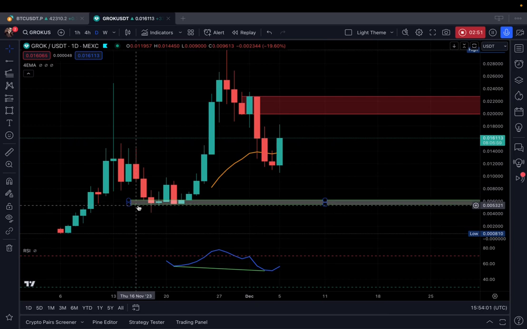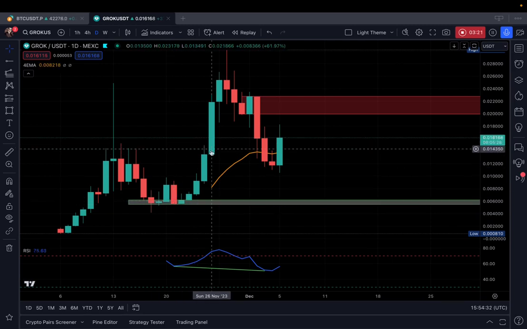And we can see very nicely that the area between 0.0055 and 0.0062 has served us as support numerous days, so we draw this level as a possible support level for the future. We don't know if the asset will ever get there, but it is something to put on the chart.